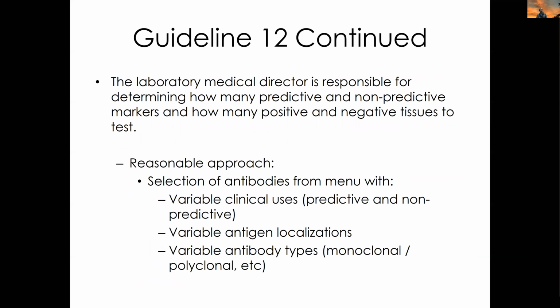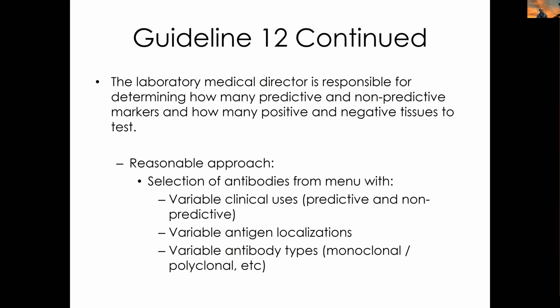Now, this is when the director is responsible to determine how many predictive and non-predictive markers should be tested on this. A reasonable approach would be to select a variety of antibodies from your menu that have variable clinical uses, both predictive and non-predictive, have different antigen localization, so some membranous, some cytoplasmic, some nuclear, some matrix, and variable antibody types, monoclonal or polyclonal.